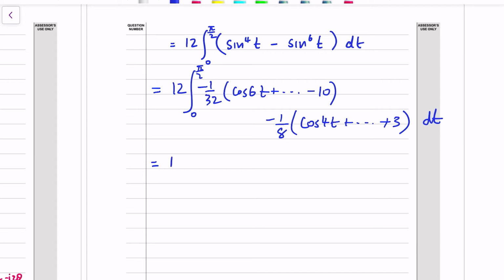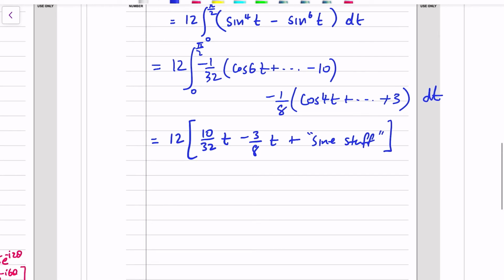So the only thing that's actually relevant is the 10 over 32 times t, when we anti-diff it, and the minus 3 over 8 times t plus sine stuff. Okay, I'm just going to save that.